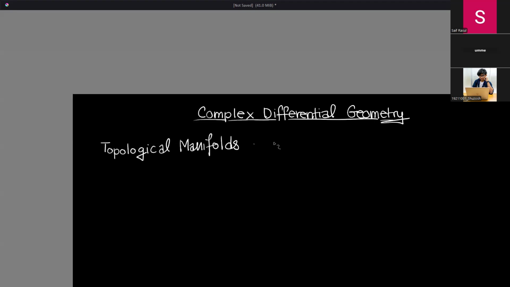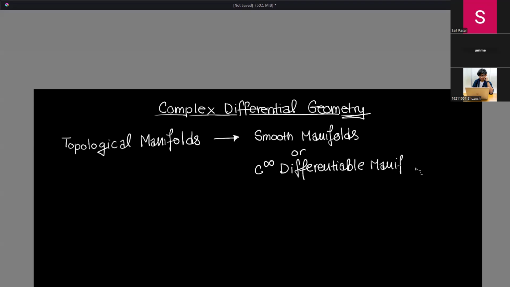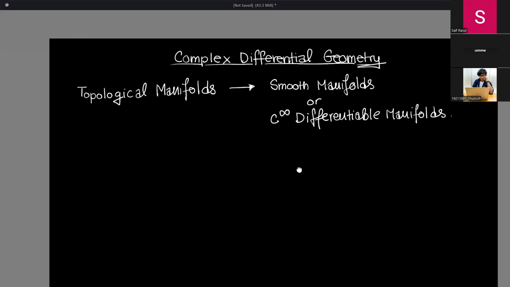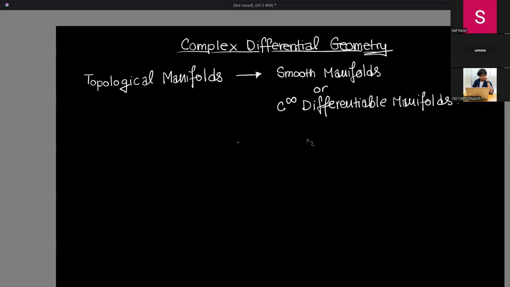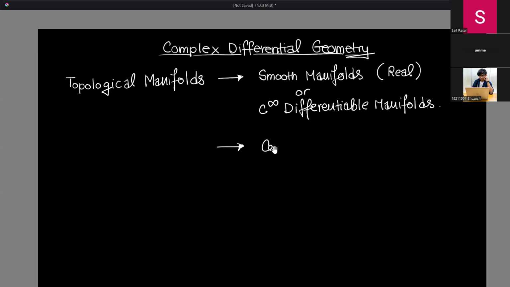And then we spent the first lecture turning those into smooth manifolds, or C infinity differentiable manifolds. And then the next thing we did is, these were still real, so the second lecture, we turned these into complex manifolds.